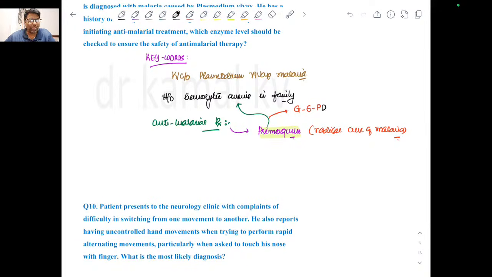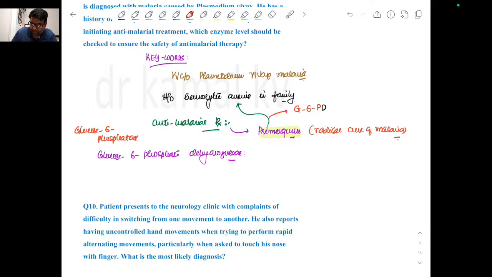So the exact nomenclature is glucose 6 phosphate dehydrogenase. Now why I kept this question, because there is one more similar sounding enzyme, and that is glucose 6 phosphatase.